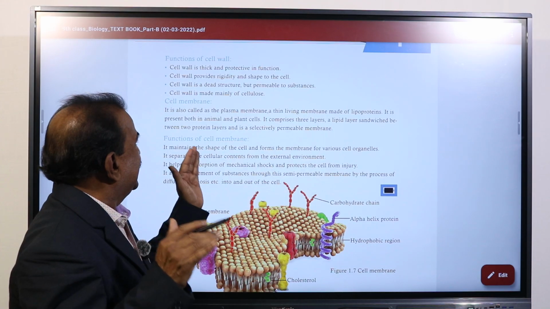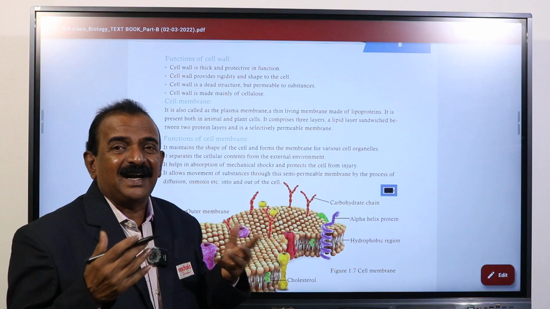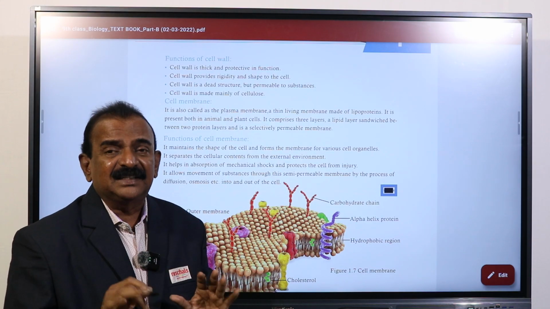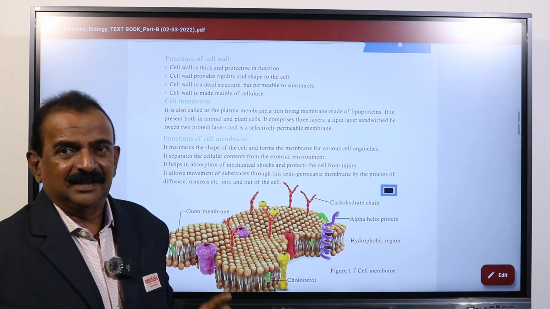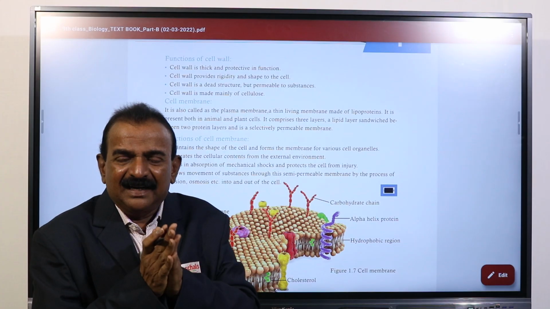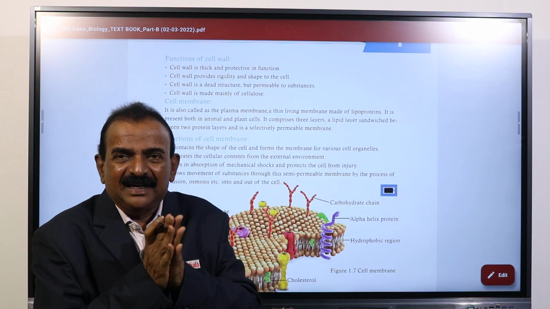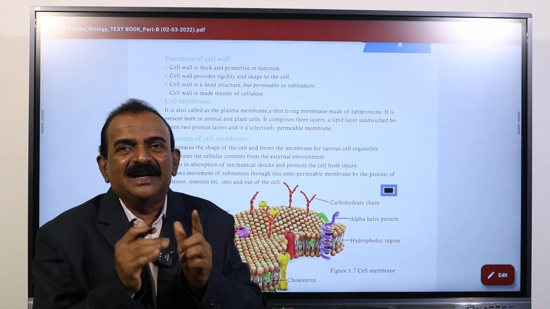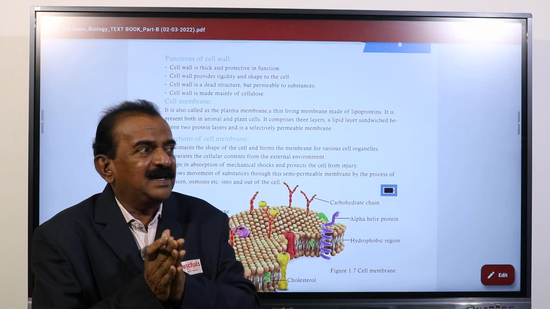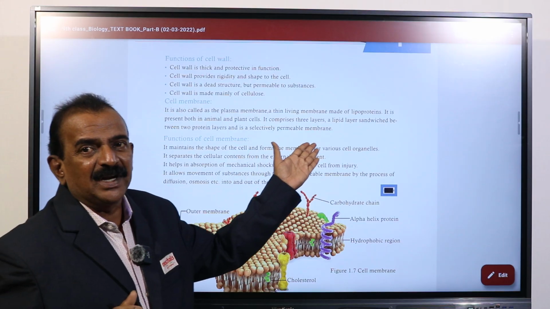It is present both in plant cells and animal cells, and it comprises three layers. In the middle, here you see, the lipid layer is present, bounded by two protein layers.